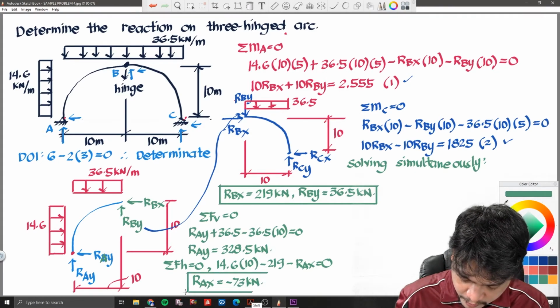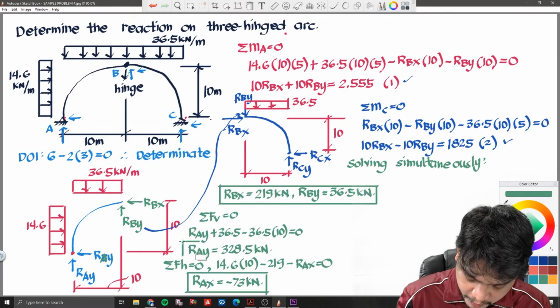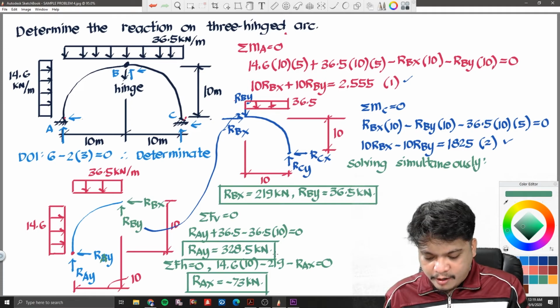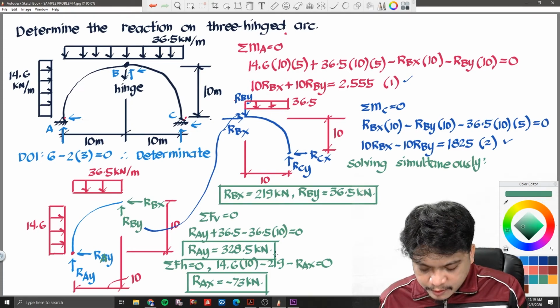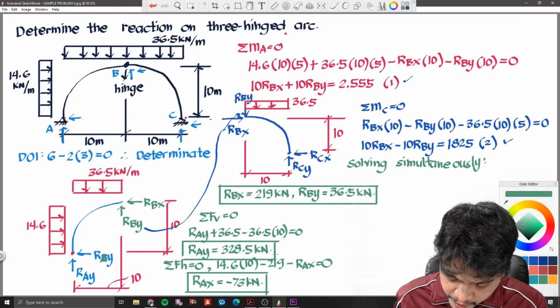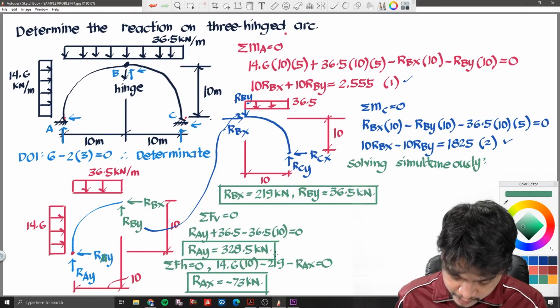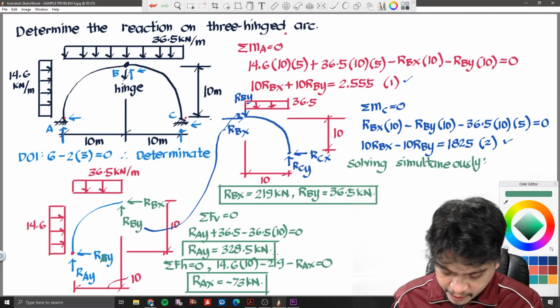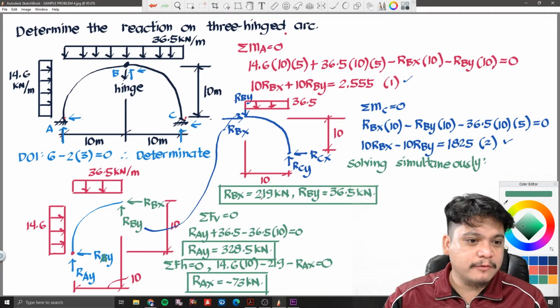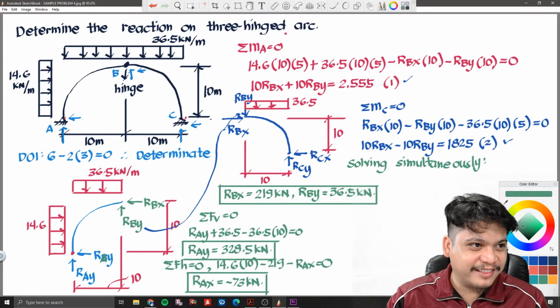So, okay, and then you will now have the RAY. Okay? Next. RBX is 219. Okay. Okay, lipat ko muna yung aking katawan.